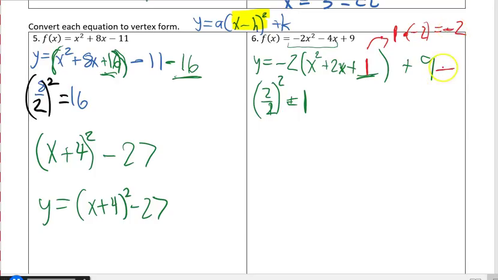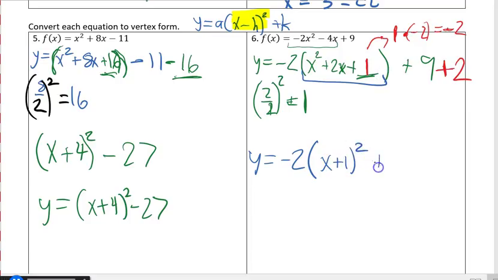So I'm going to add a positive 2 to cancel out the negative 2 I added. So that keeps the whole value of this side of the equation the same. Now we have negative 2 times my perfect square part, which becomes x plus 1 squared, and then 9 plus 2 is 11. The end.